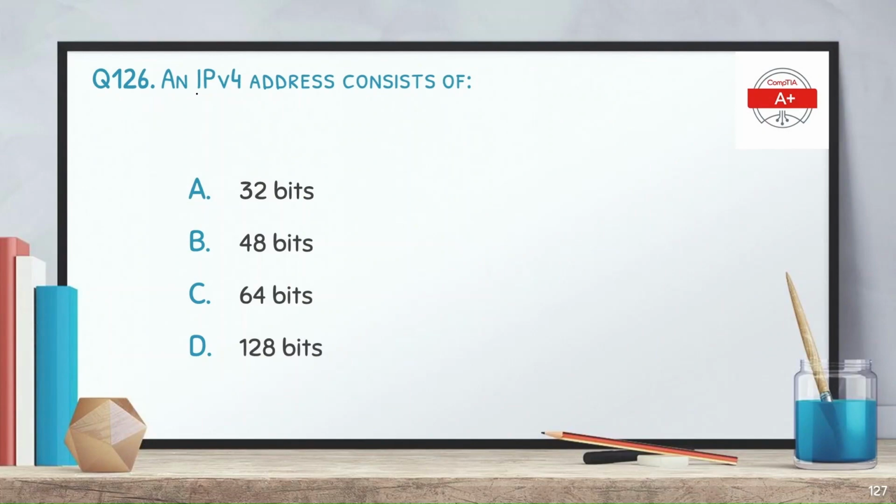Question number 126: an IP version 4 address consists of, and the options are A. 32 bits, B. 48 bits, C. 64 bits, and D. 128 bits. And the correct option is 32 bits. IP version 6 basically consists of 128 bits.